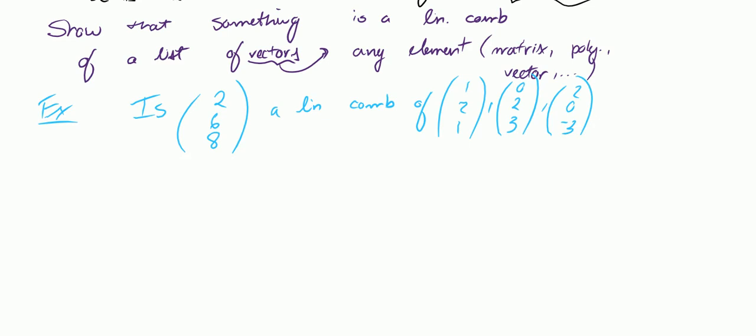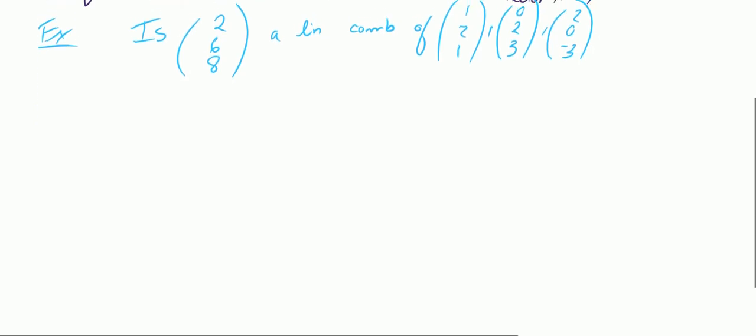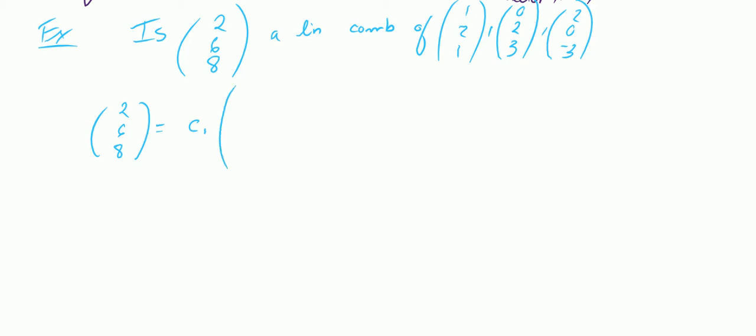In other words, I'm asking if it's possible to represent 2, 6, 8 by any scalar c1 times 1, 2, 1 plus c2 times 0, 2, 3 plus c3 times 2, 0, minus 3.